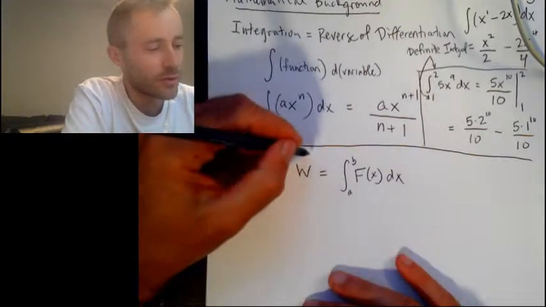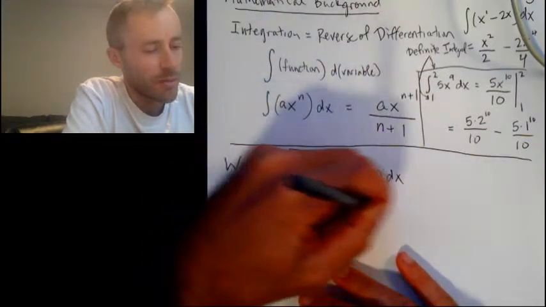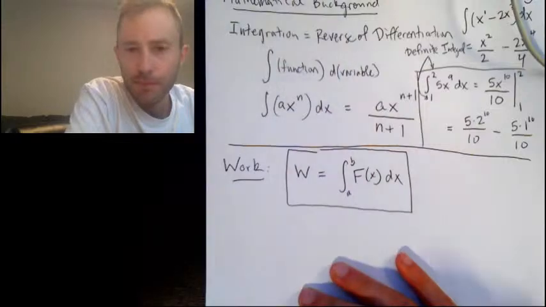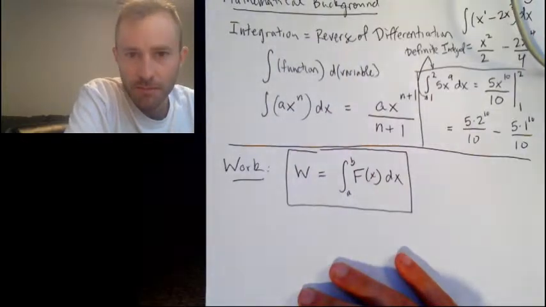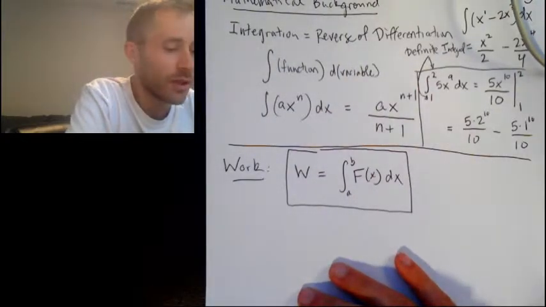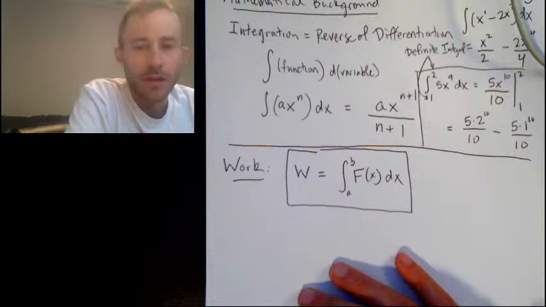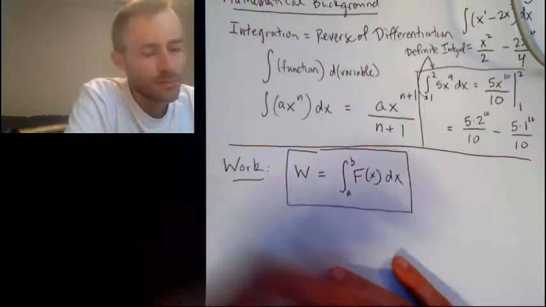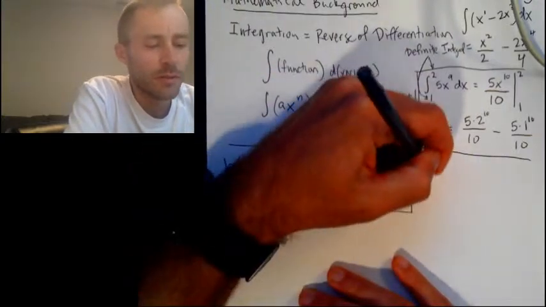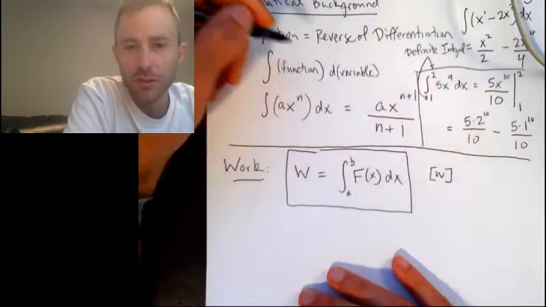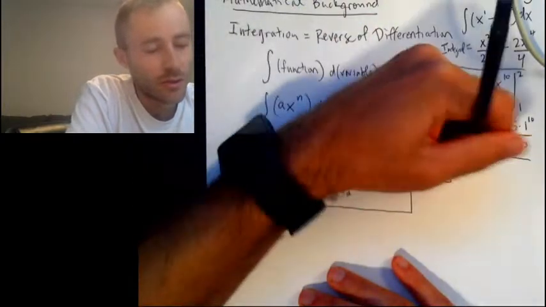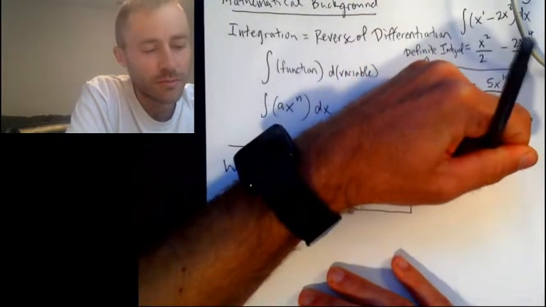That's what work is. This is one of our main equations for today. The units of work are the same as the units of energy, so the units of work are joules.